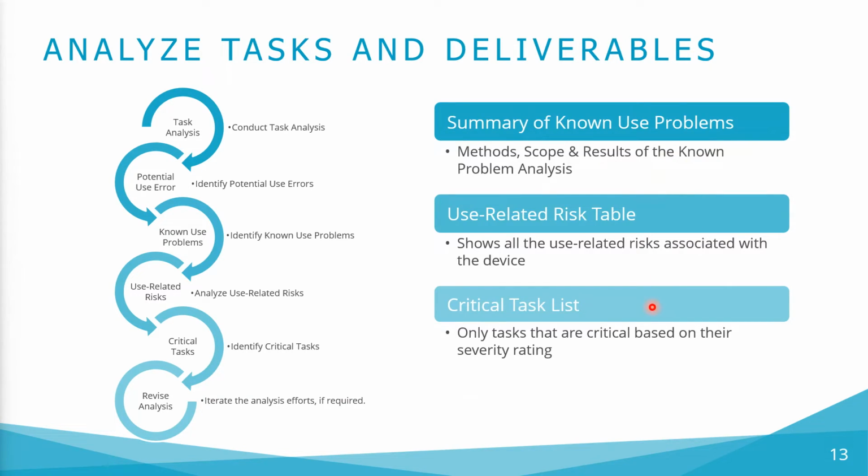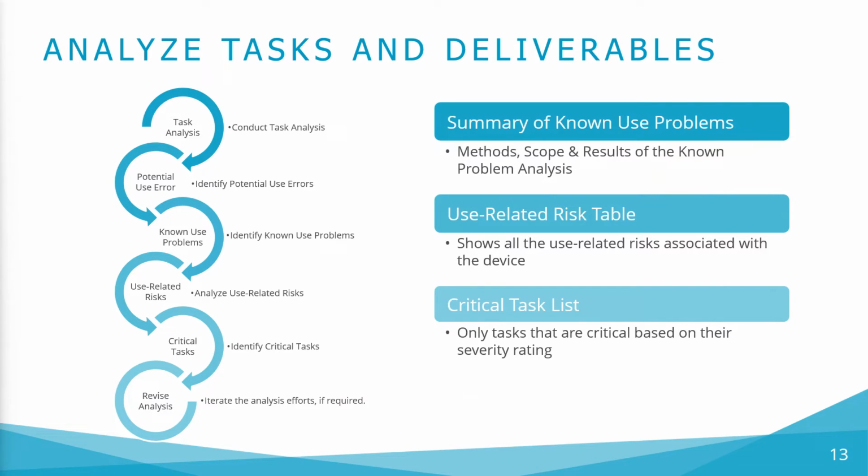Critical task list. The critical task list is a portion of the use related risk table that includes only tasks that are critical based on their severity rating. Our subsequent HFE efforts will have a strong focus on critical tasks, including identifying mitigations during design and evaluating critical tasks during formative usability tests, and finally the HF validation test.